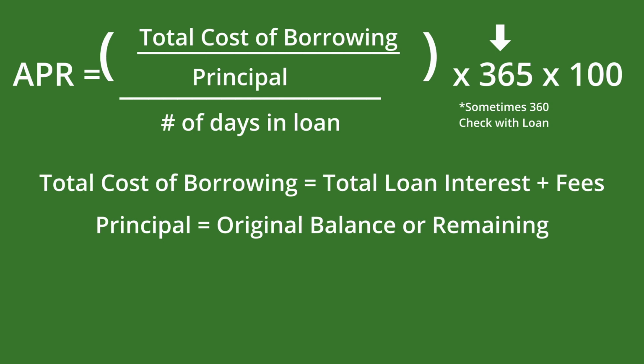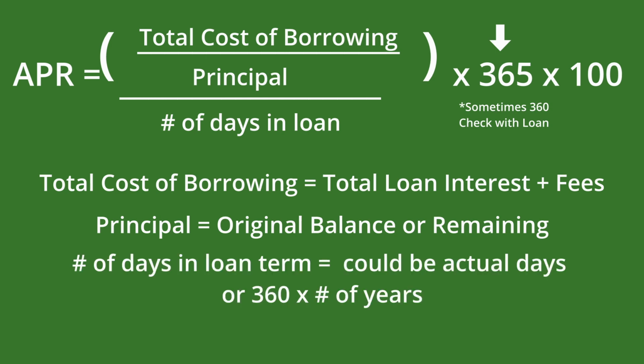Some banks use 360 because it is cleanly 12 times 30, depending on lender conventions. So you want to make sure you're paying attention to that in order to understand how they came up with their APR. Lastly, number of days in the loan term. That's the total number of days in the loan term. This is especially important for loans with terms that are not a full year or loans that are over a year long.